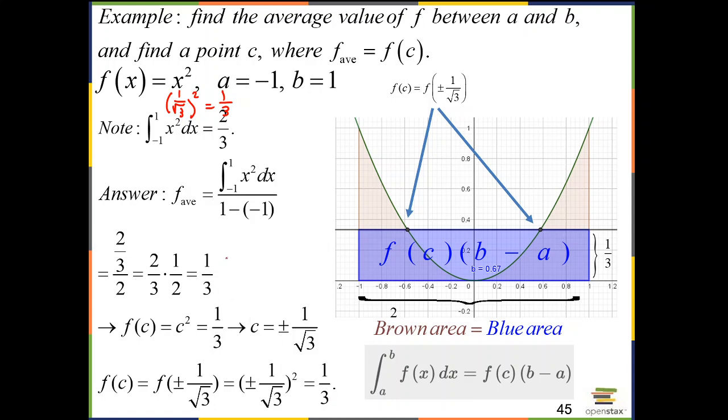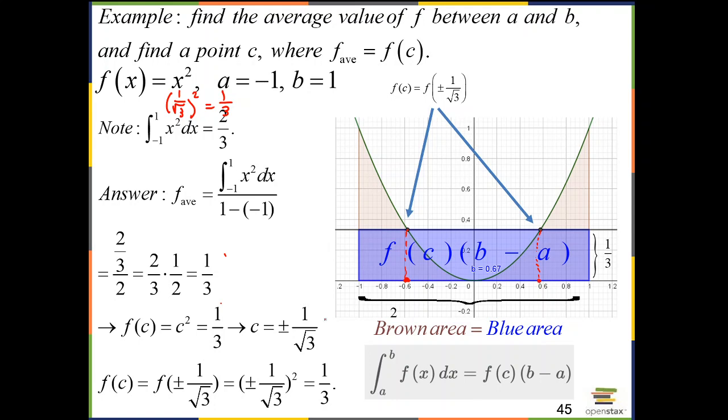And so we got two numbers. The square root of 3 is about 1.7 something. So 1 over the square root of 3 is about 0.5 something, which is right here. So this is positive 1 over the square root of 3, and this is negative 1 over the square root of 3, approximately.